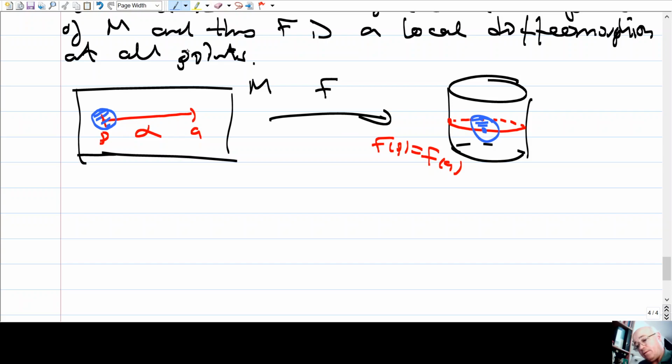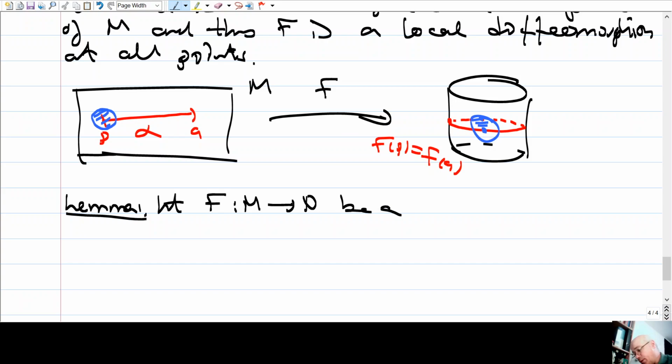Here is a fact which we will need. Let f from M to N be any smooth mapping.